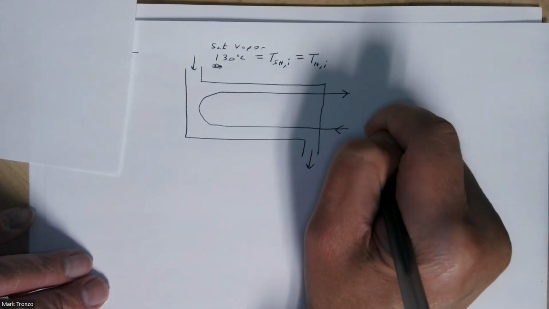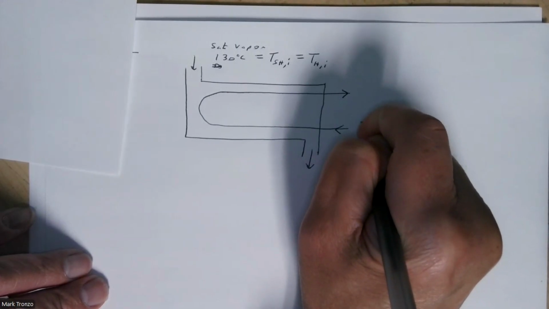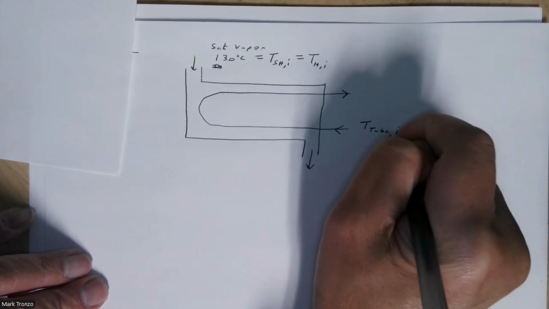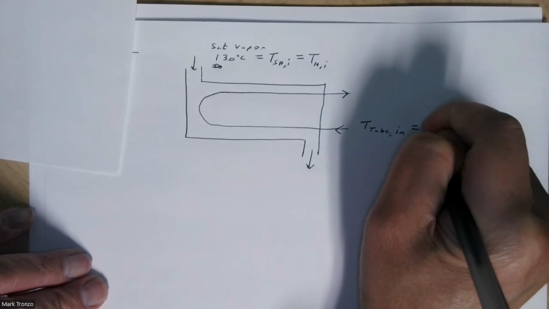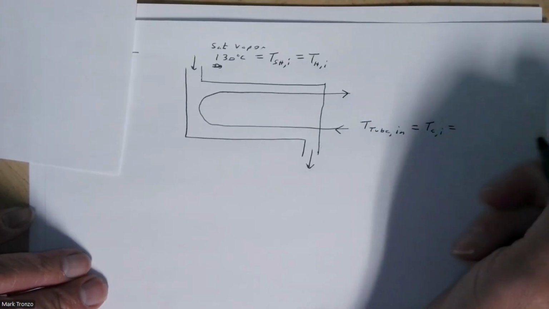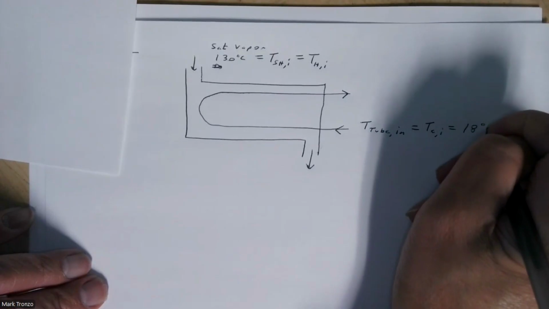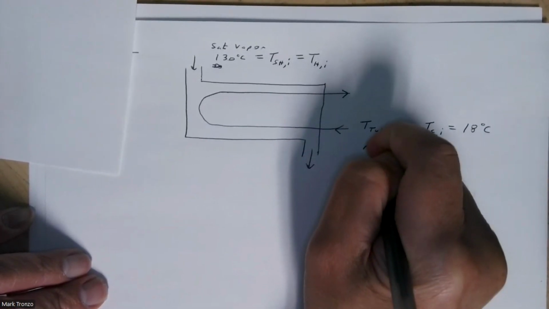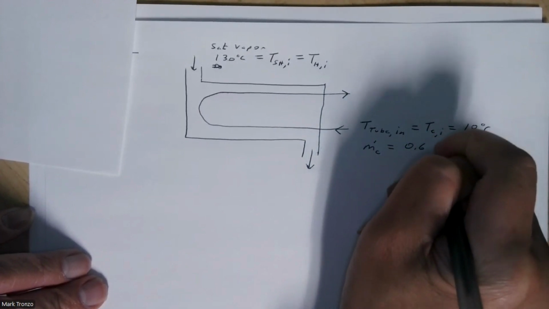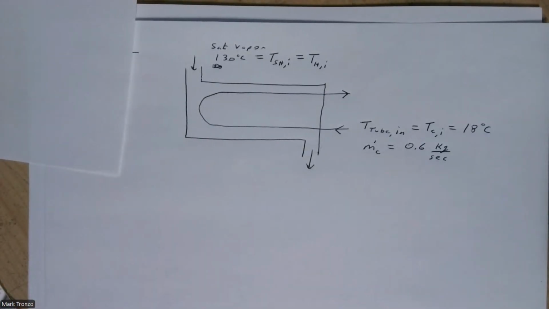And then we're going to have the water coming in. So it's going to be the T tube in, and that's the same as the T cool in. And that's going to be at 18 degrees C. And the mass flow rate of the cool fluid is going to be 0.6 kilograms per second.